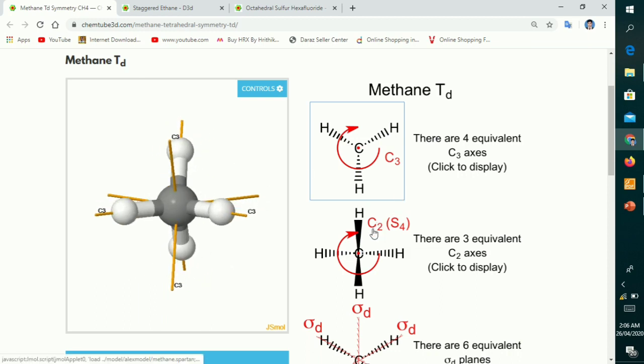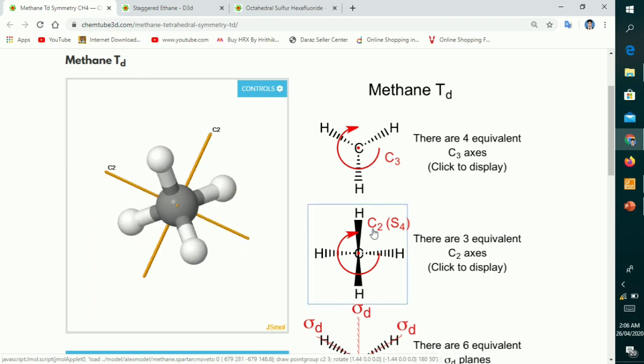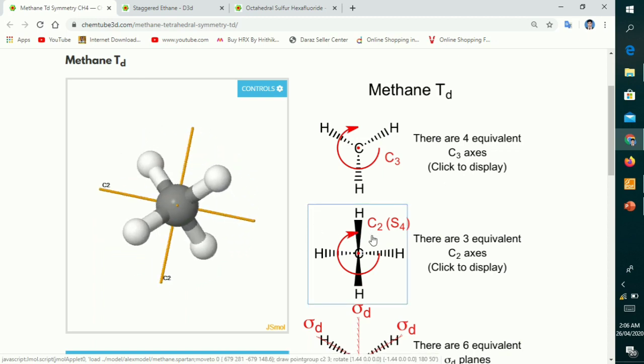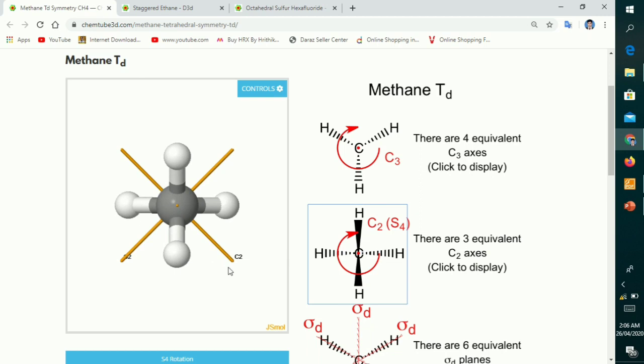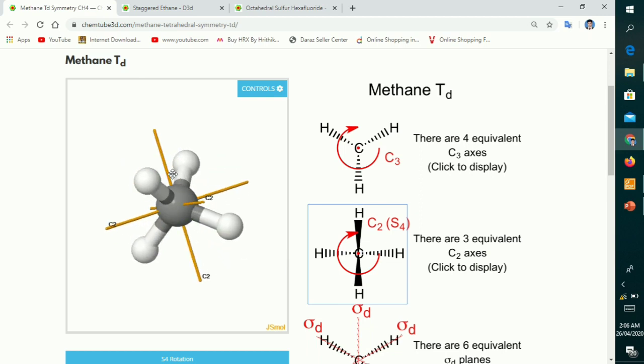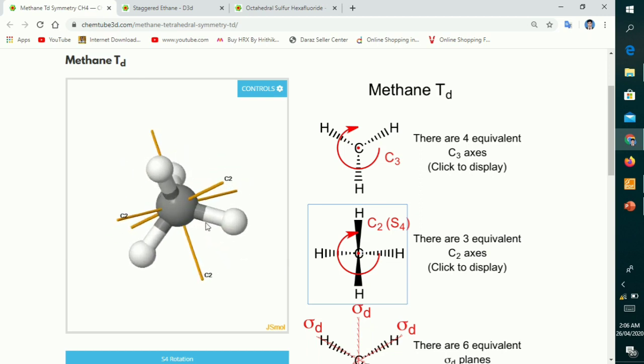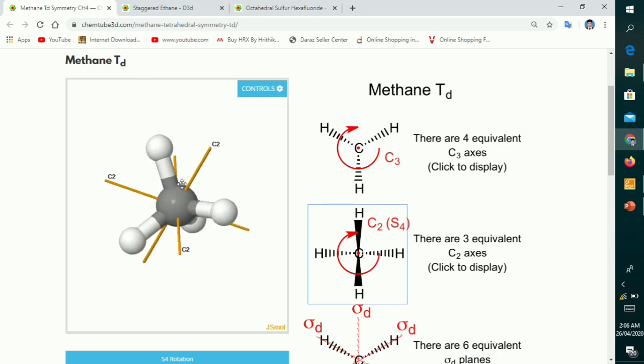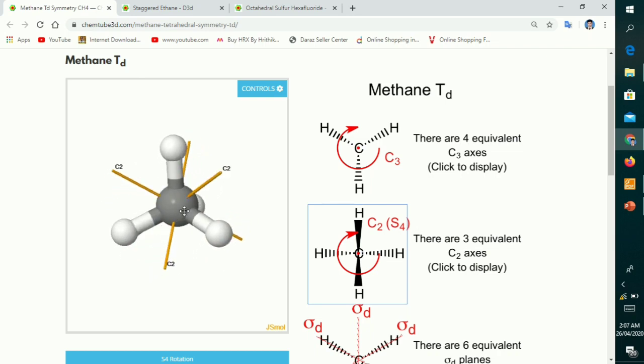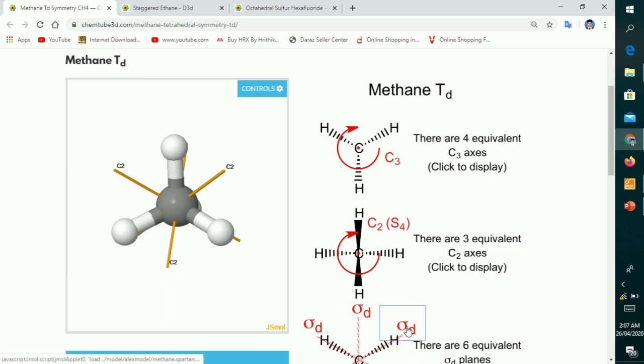Now we would like to show the C2 rotation. Yes, here it is. There are 3 C2 axes in CH4, and these are the axes of rotation of C2 in the CH4 molecule. Now let's talk about the different sigmas present in CH4.